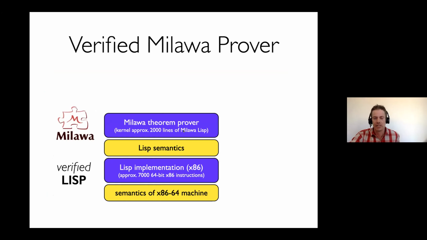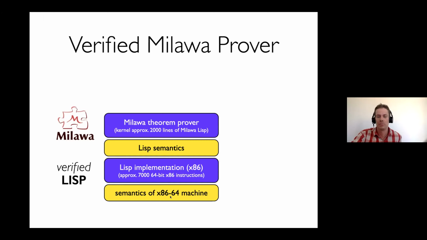And we needed a specification, a source semantics, for the Lisp that this is written in. And then we developed a Lisp implementation that can execute that, and that is with respect to the semantics of x86 machine code.